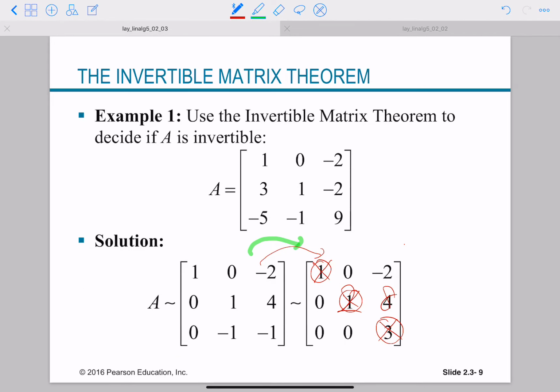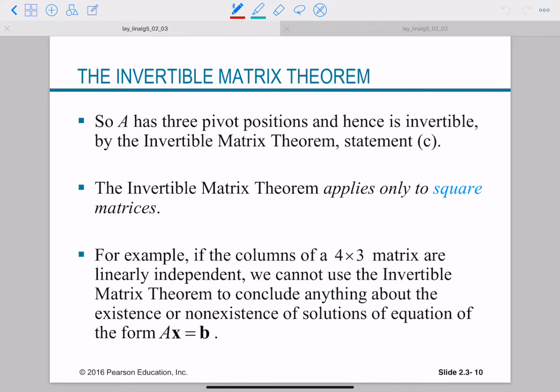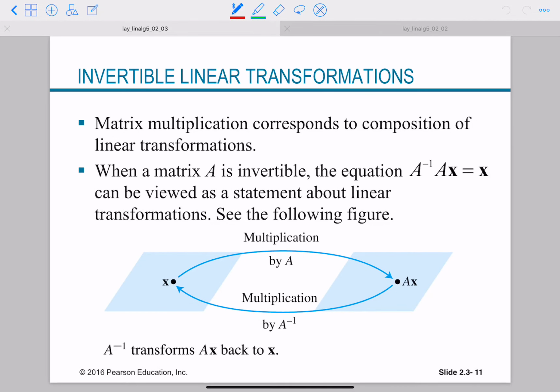Okay, so back to our chapter 2.3. From the perspective of linear transformation for this square and invertible matrix, if the matrix is invertible, then Y is equal to AX is both 1-to-1 and onto, right?